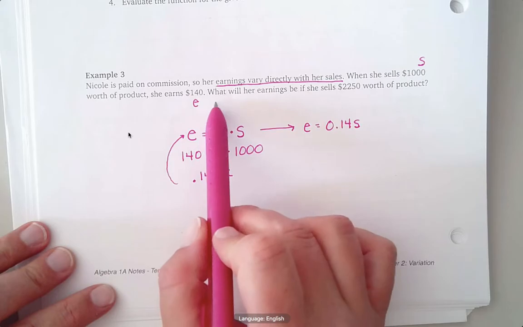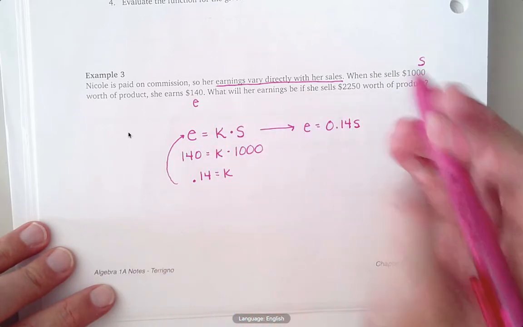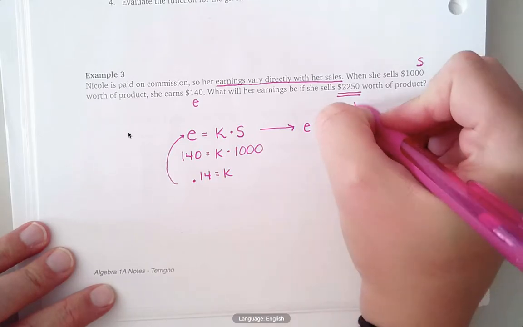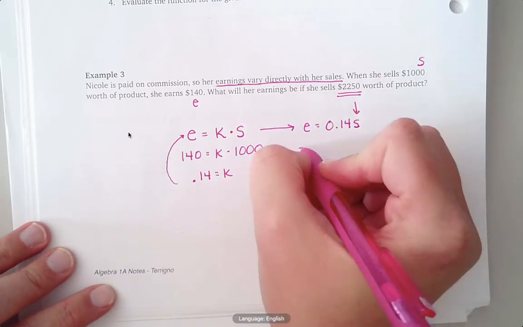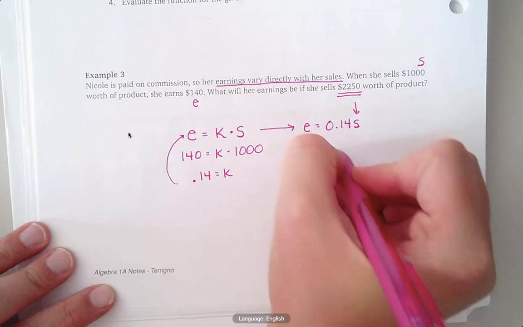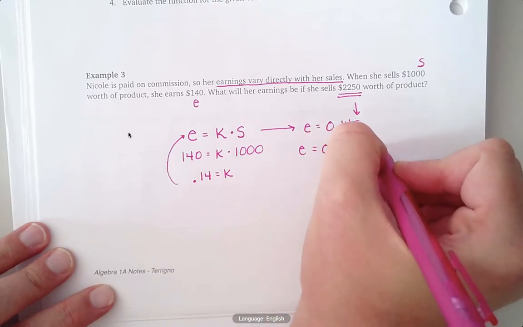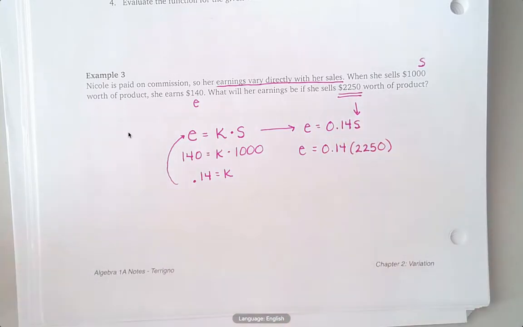But this question specifically says, what will the earnings be if she sells $2,250? So I'm putting that in for us. Sorry, lots of arrows here. But so 0.14 times 2250. And let's just check that because that one I can't do in my head. 0.14 times 2250 is 315.